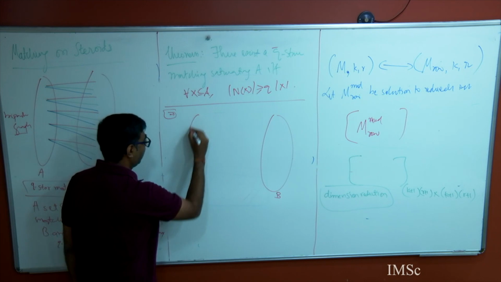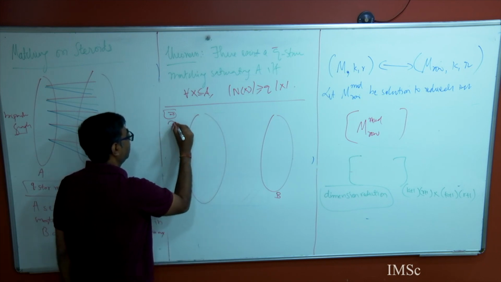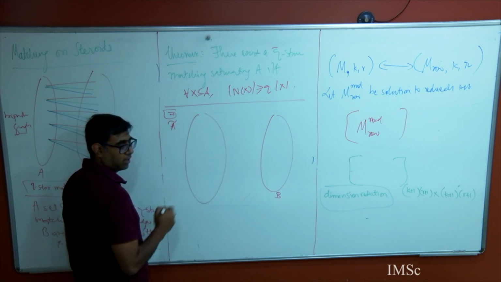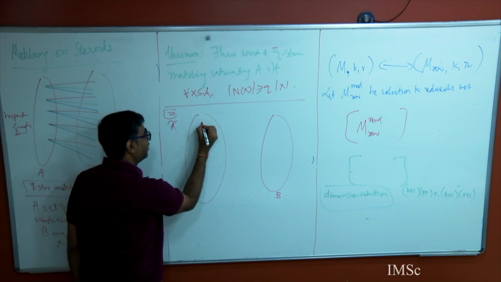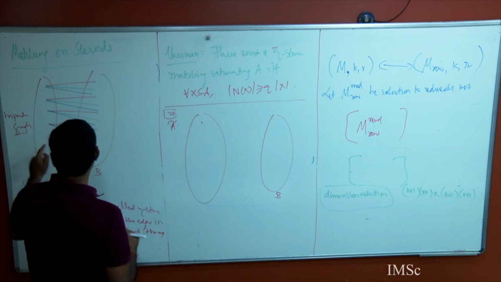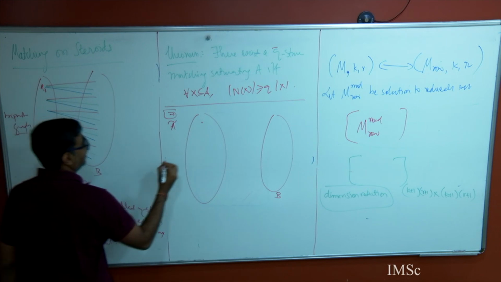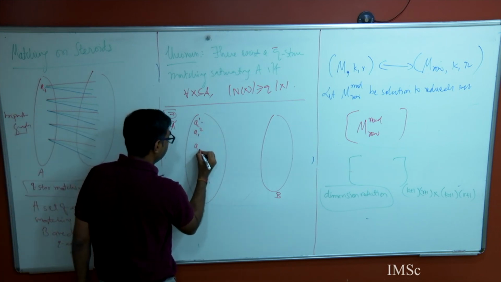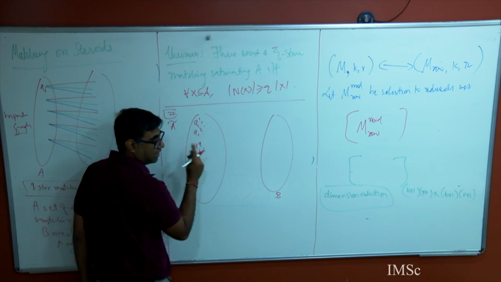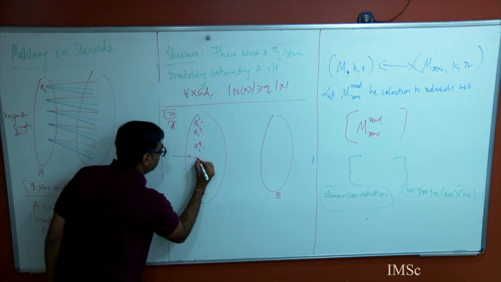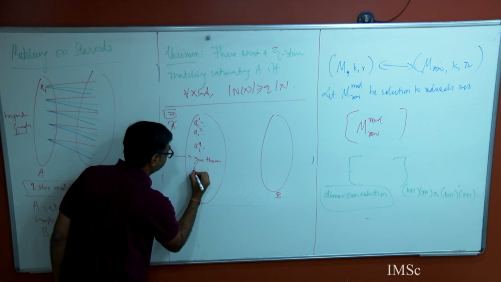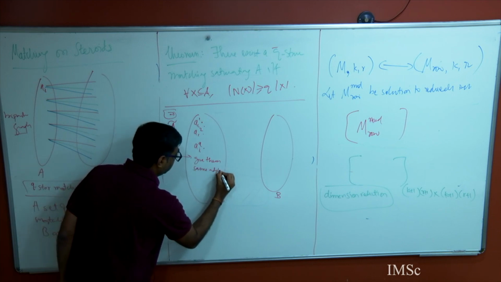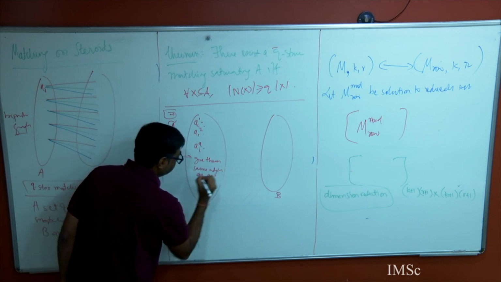Now for A, I'm going to make A tilde. For every vertex, make Q copies. For every vertex, say A_i, let's make A_i1, A_i2, up to A_iQ, and give them the same adjacency as A_i.